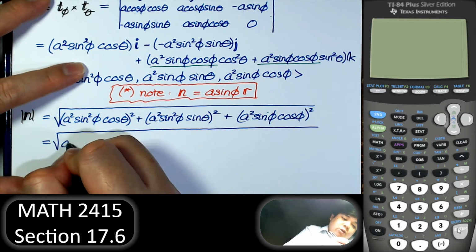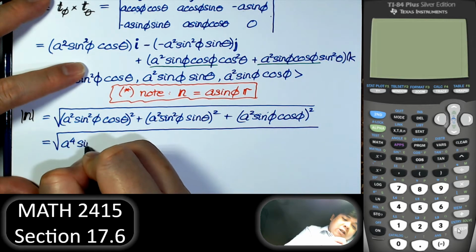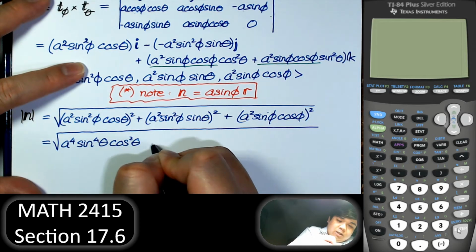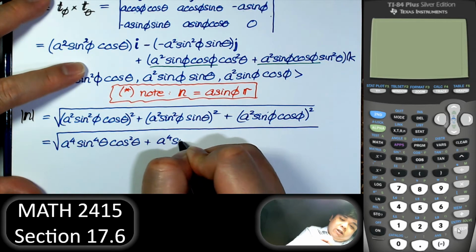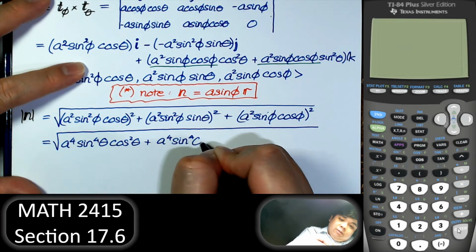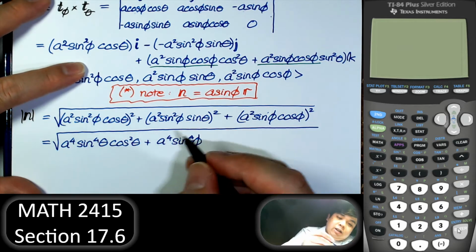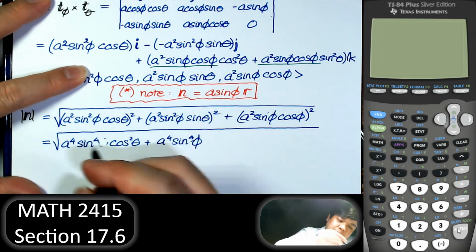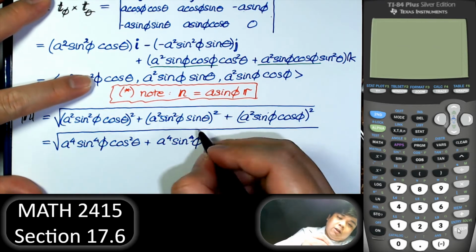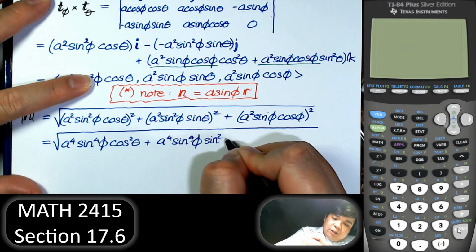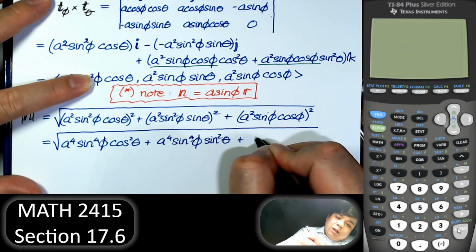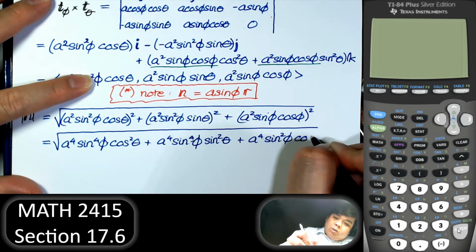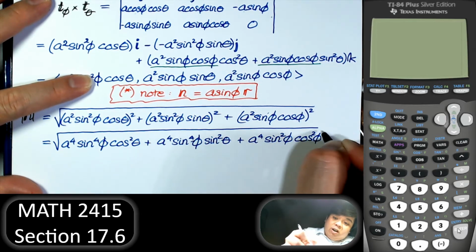That gives us a to the fourth sine to the fourth cosine square, a to the fourth sine to the fourth phi. This is phi. Sine square, a to the fourth sine square cosine square. Both of them are phi.